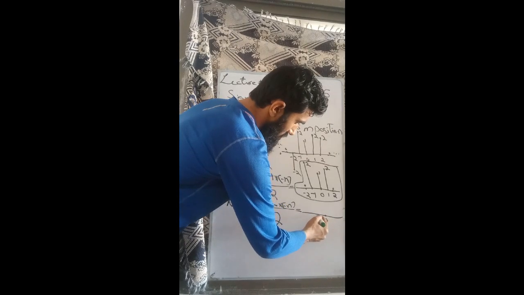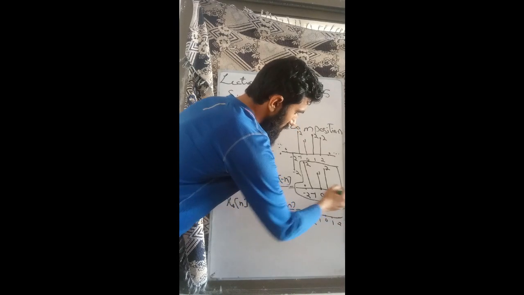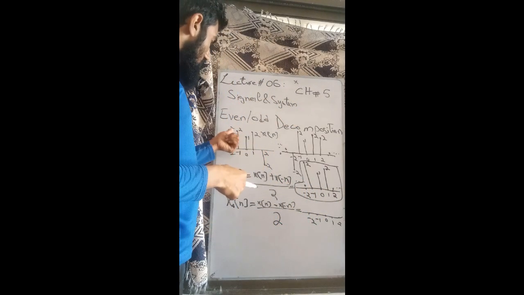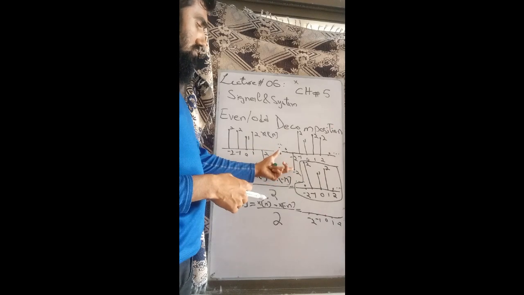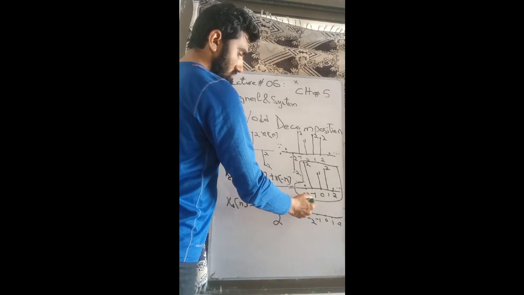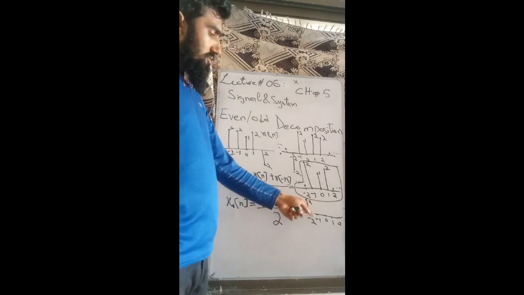Here is 0, -1, -2, 1, 2, it is 0, it is here again 0. So I have the value 2 minus -2 plus 2, and divided by 2 we will get 2.